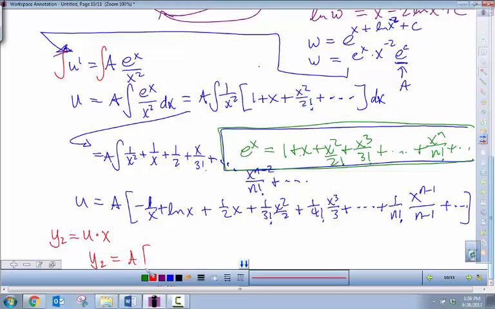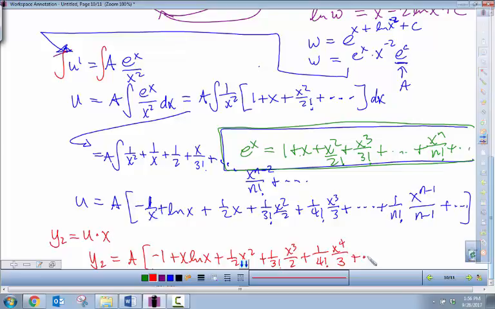So a times negative 1 plus x ln x plus 1/2 x squared plus 1 over 3 factorial x cubed over 2 plus 1 over 4 factorial x to the 4th over 3.